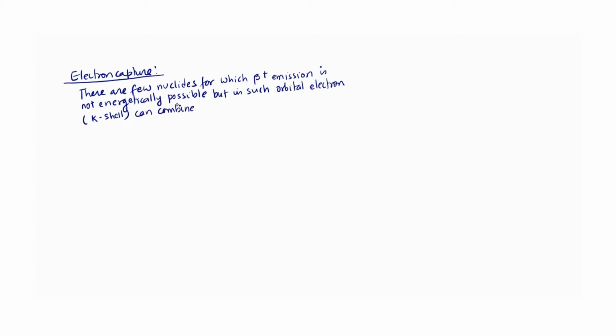So we know in electron capture we have this proton and beta minus, that is electron, combine to give neutron along with electron neutrino.